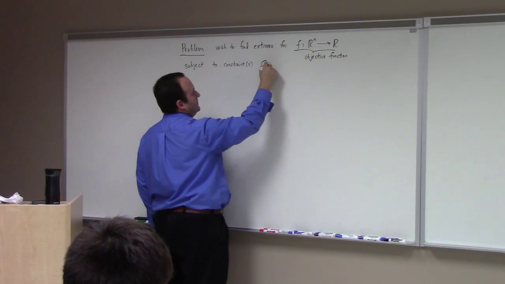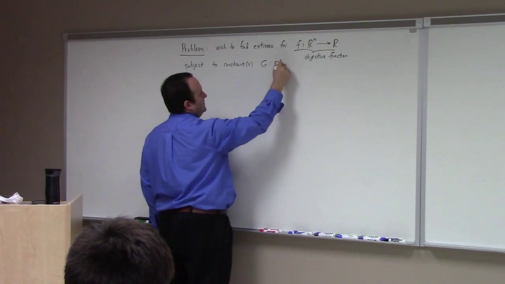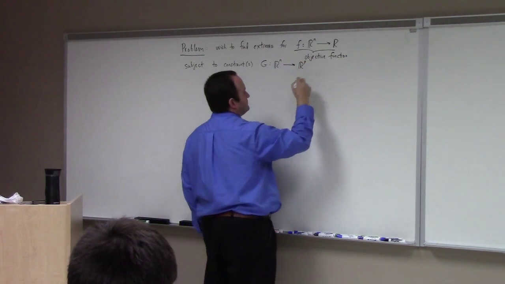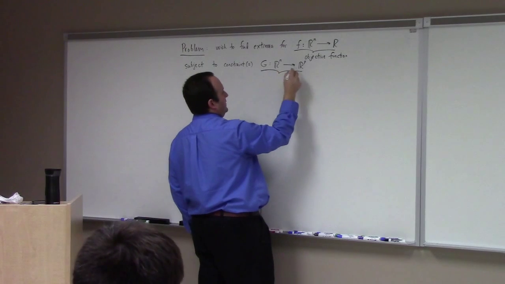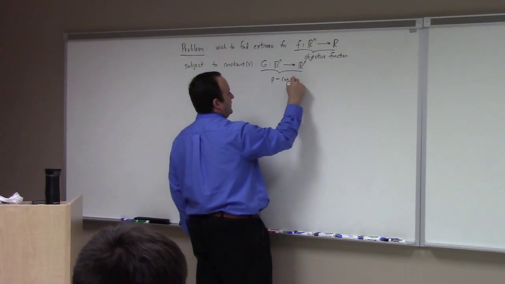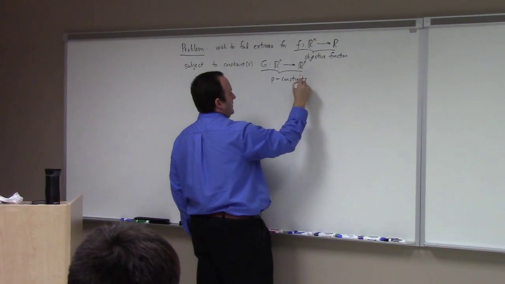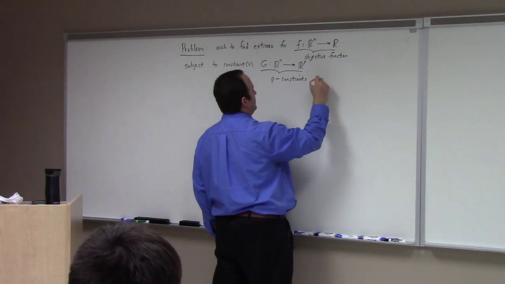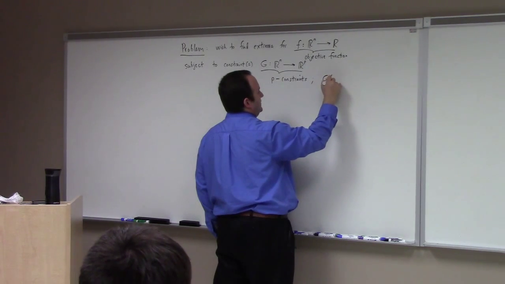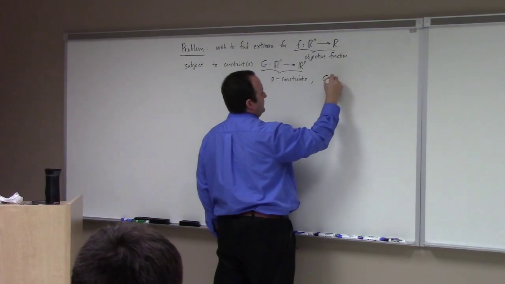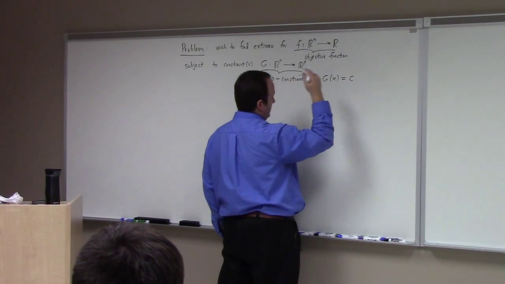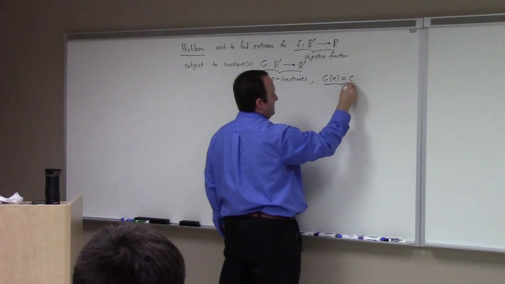So basically, g from Rn goes to, let's say, Rp. So this is p constraints. In particular, let's suppose that g of x is equal to c is the constraint surface.